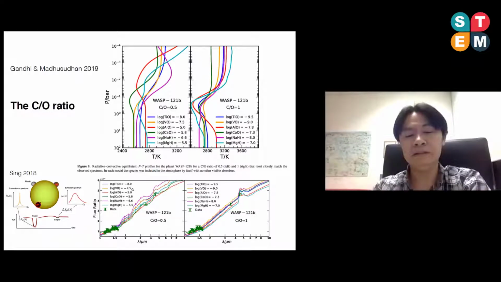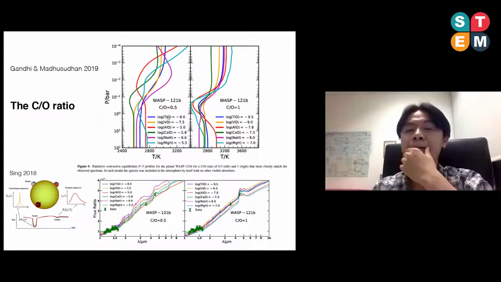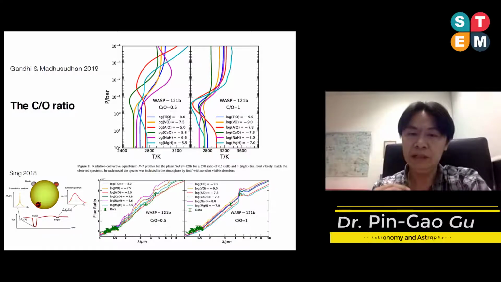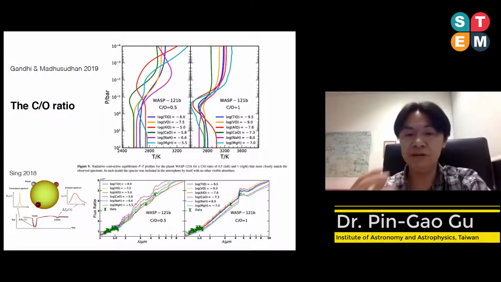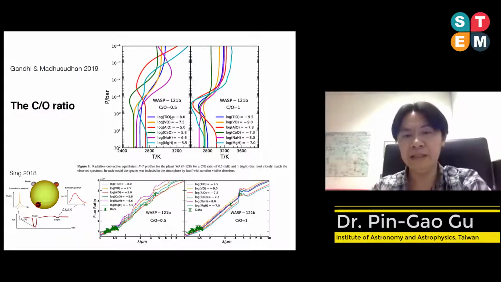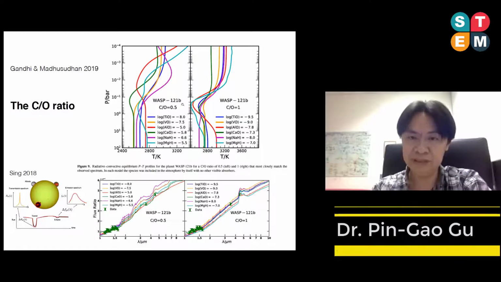Here is one example, the hot Jupiter WASP-121b. What is shown here are emission spectra, which are fitted to the data from HST and Spitzer, and the corresponding temperature profile and the abundance of molecules responsible for the opacity are shown in this figure.